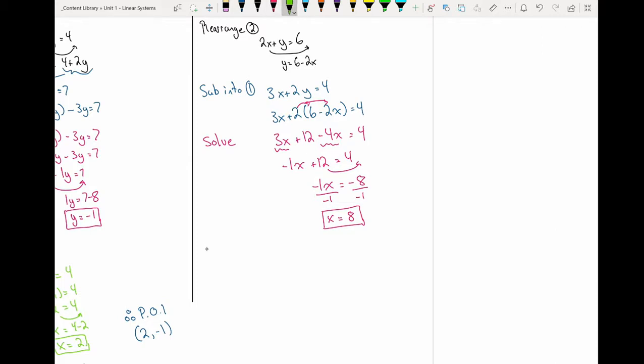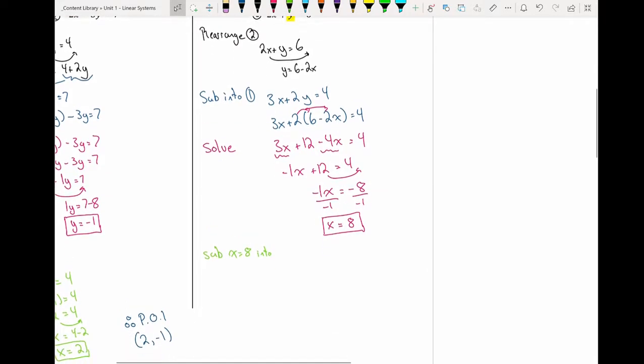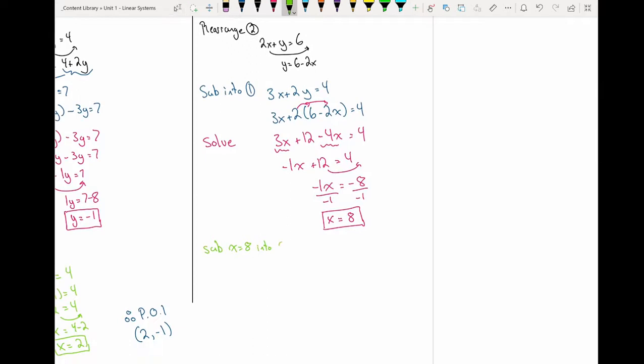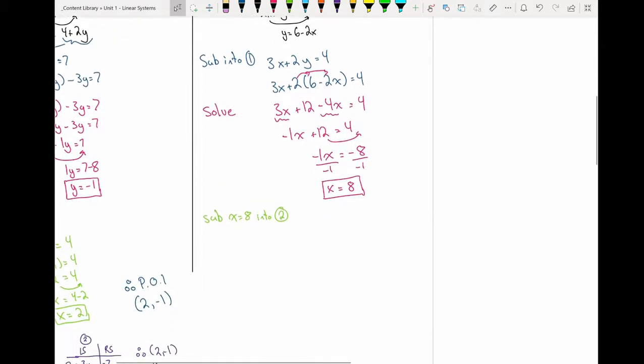The next one that I'm going to do, I'm going to sub x equals 8 into, and again, it doesn't matter. I'm going to go back and sub it back into that same one. So I'm going to plug it into equation 2. Again, you can choose to do it to either one. You should get the same answer regardless, if this x value is correct. So equation 2 was 2x plus y equals 6.